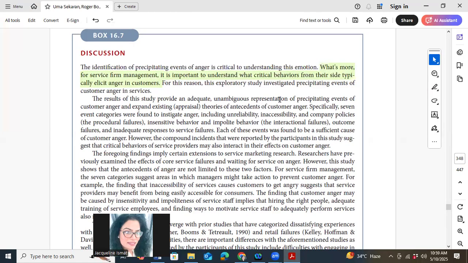So 7 categories were found. Incident anger stands after anger: reliability, accessibility, company policies, insensitive behavior and impolite behavior, outcome failure, and inadequate response to service failures.